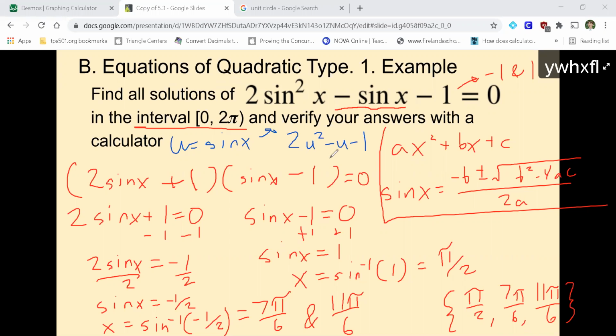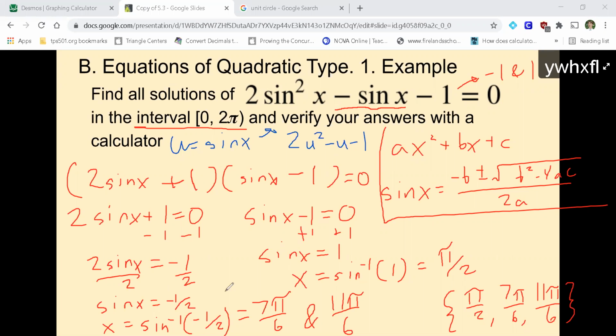And then do all your quadratic stuff on this equation. Factor it, use your quadratic formula, whatever. And then once you have your answers at the final end, which in this case would have been negative a half and 1, just substitute back.